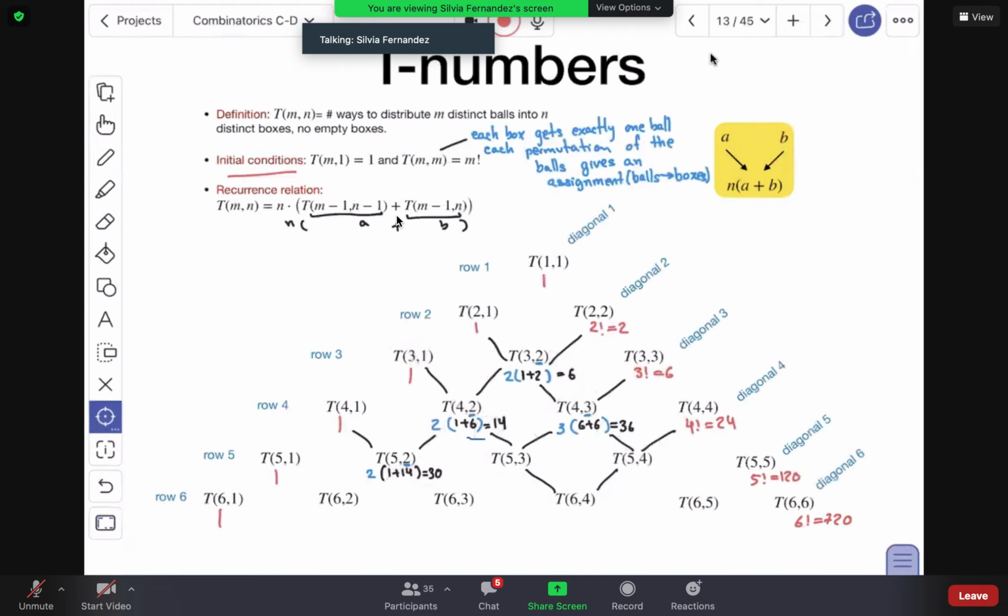But if you wanted to know what is this one, you could keep going. 36 plus 24 times 4, 14 plus 36 times 3, and then whatever you got here, just add them up and multiply times 4. That will be your answer for the T64. So Pascal-like triangles are just a different way of computing the T numbers.